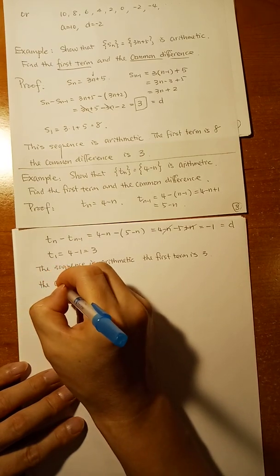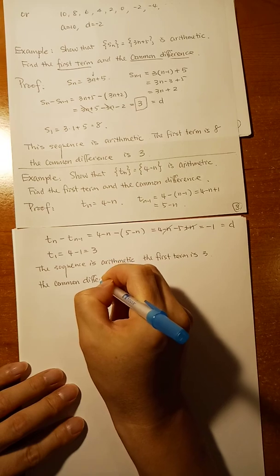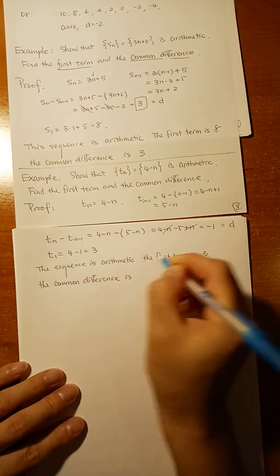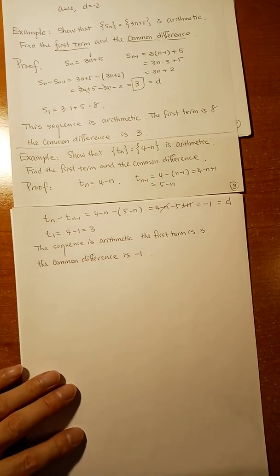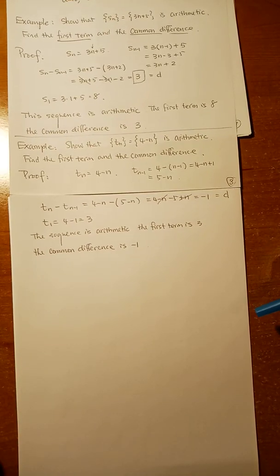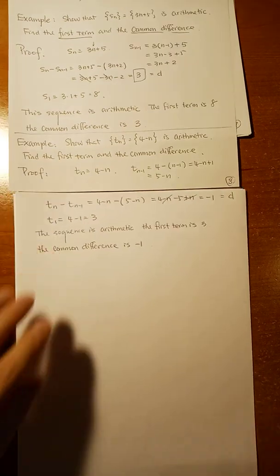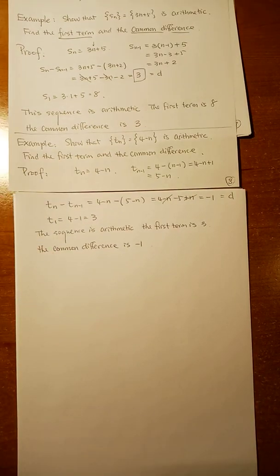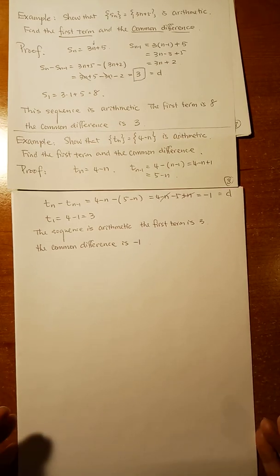The common difference is negative 1. Okay, those two examples just help us show whether a sequence is arithmetic or not. You just get the current nth term and its preceding term and do the subtraction.